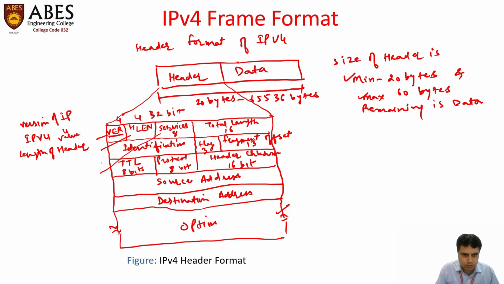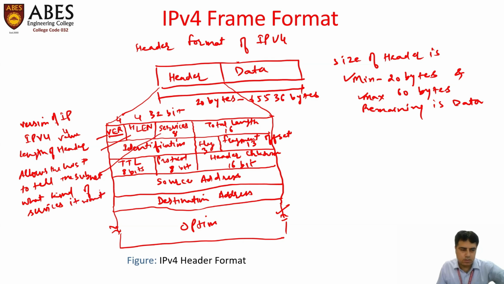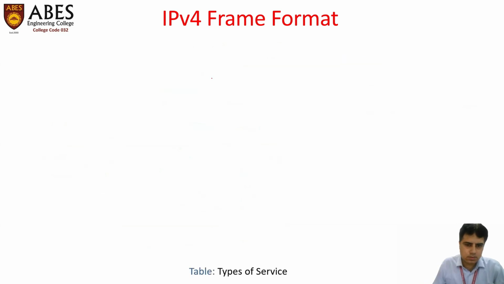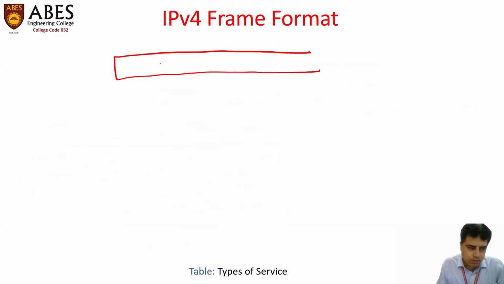Next is type of services. This field allows the host to tell the subnet what kind of services it wants. This is an 8-bit field, in which the first 3 bits represent the precedence.